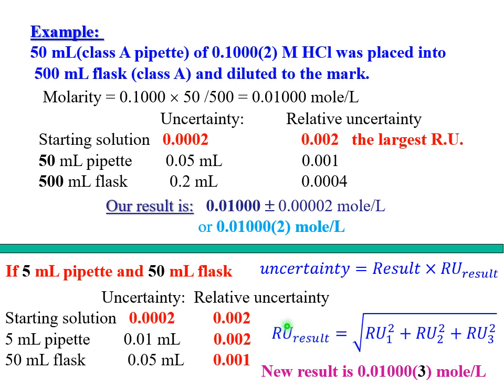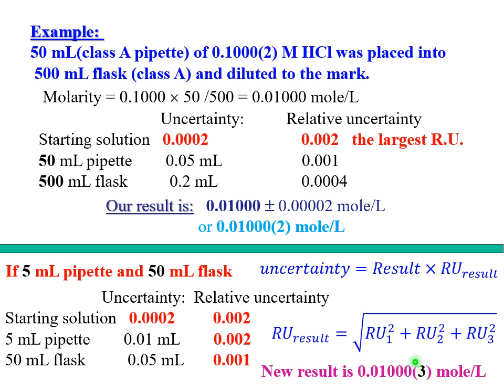So our resulting uncertainty will be 0.003. And when we multiply it by our result, we'll have such an answer. So instead of 2, we have a larger relative uncertainty of 3.